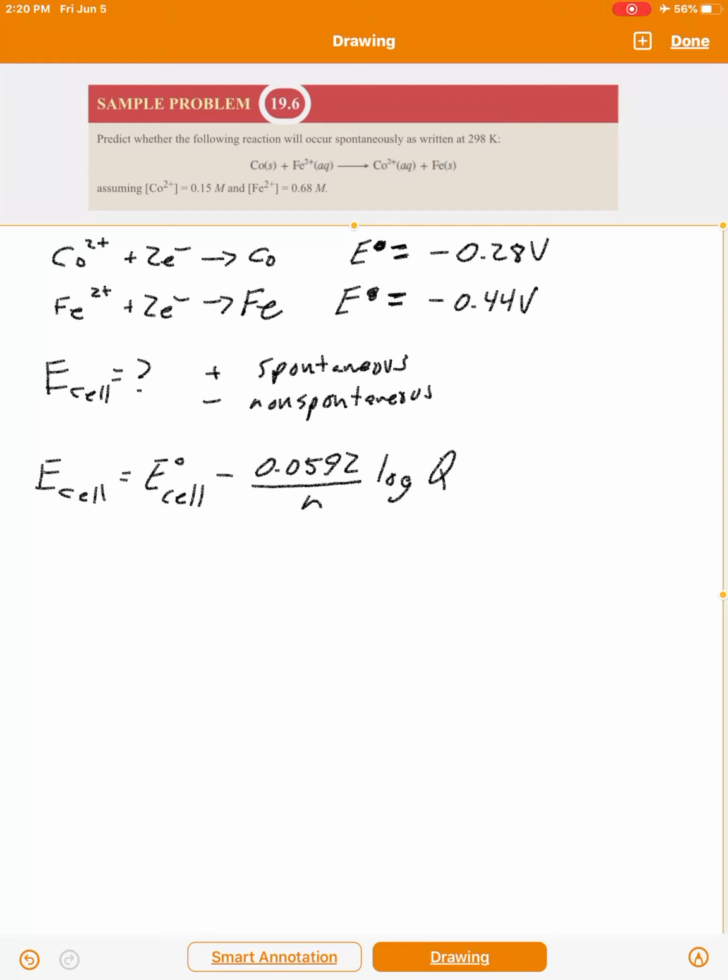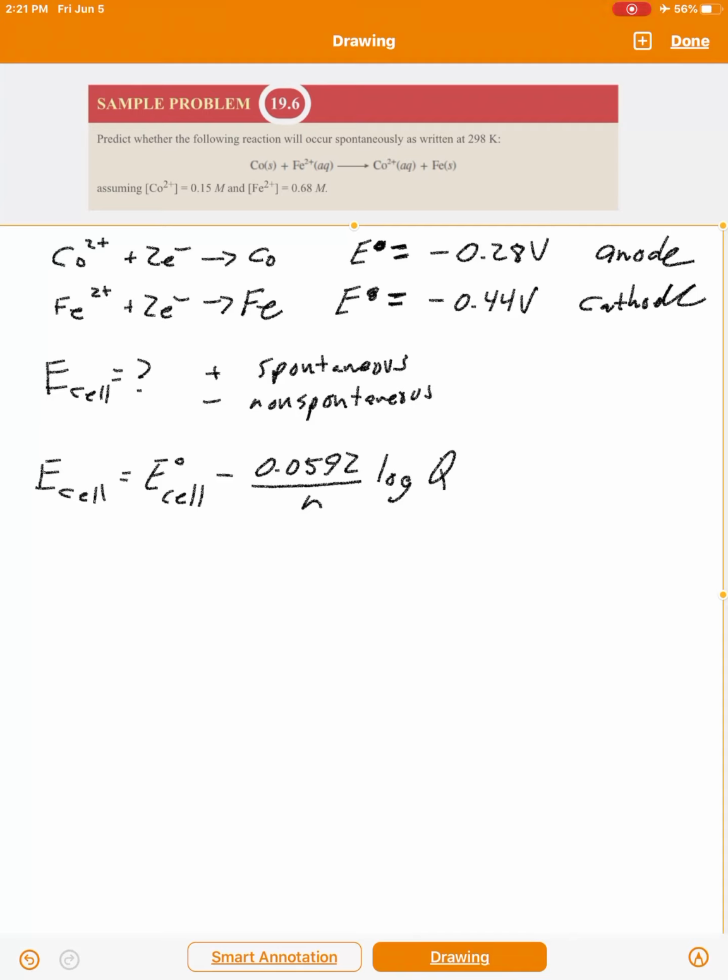Okay? So if we take a look, what's happening in the reaction is cobalt is going to cobalt plus 2. Cobalt going to cobalt plus 2 is oxidation, so that means the cobalt is the anode. Iron 2 is going to iron. That means it's getting reduced, so that must be the cathode.